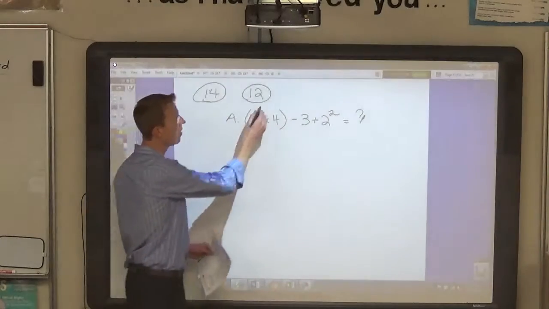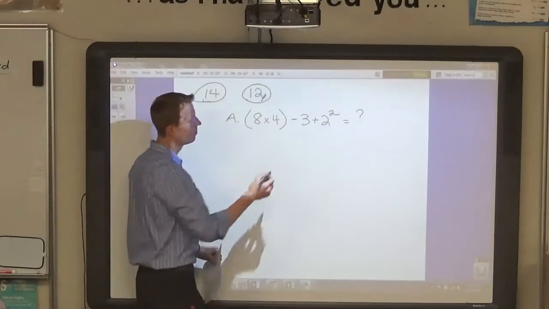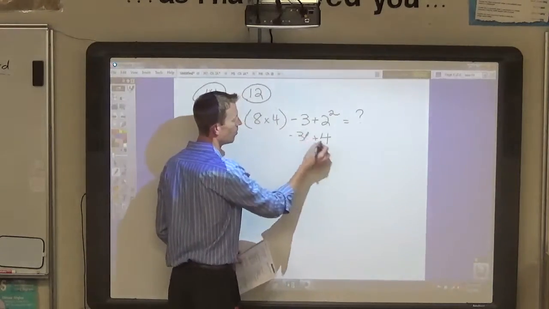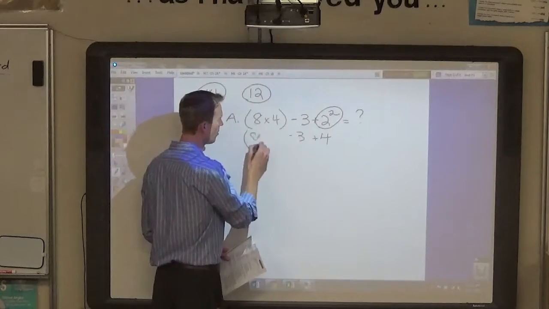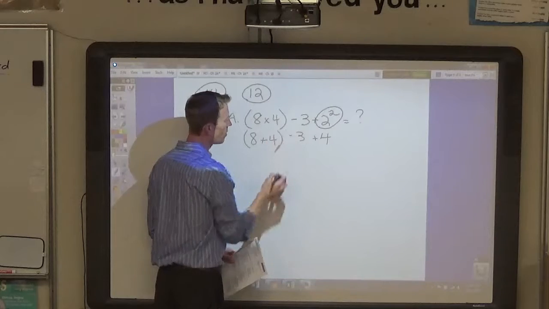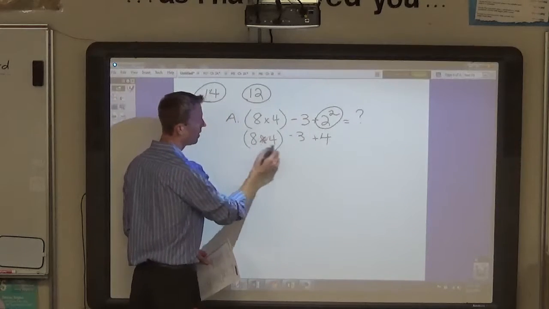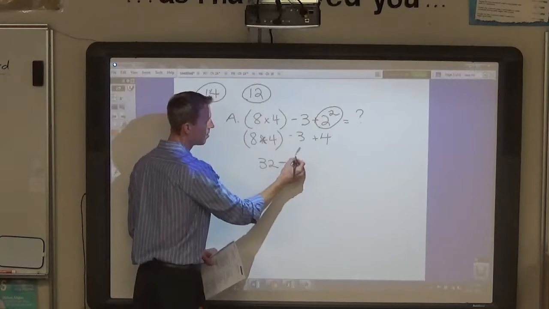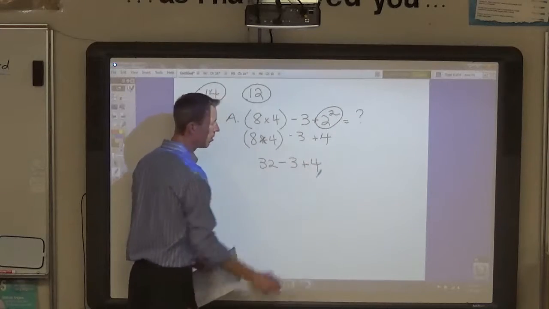Does that equal 12? Well, here's the example. You have to do exponents first. Bring down what's left. 8 times 4 is 32 minus 3 plus 4.